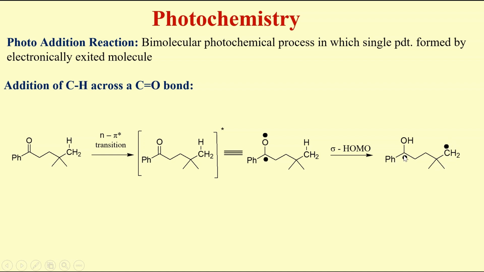Here this is a radical. These diradicals combine together and undergo cyclization. Addition of carbonyl and CH has occurred to give a pentacyclic compound. This is all about the photoaddition reaction in brief.